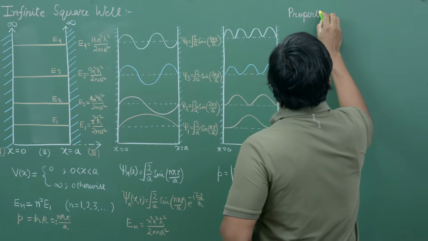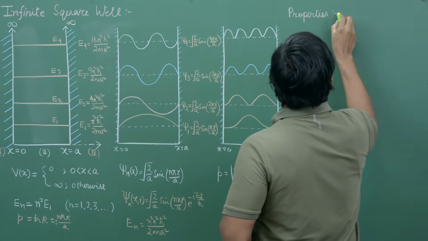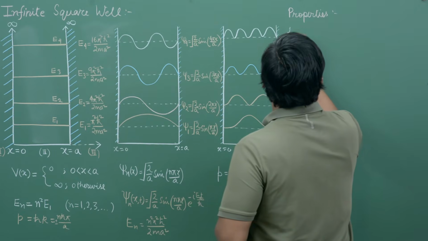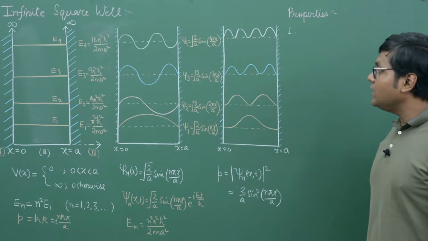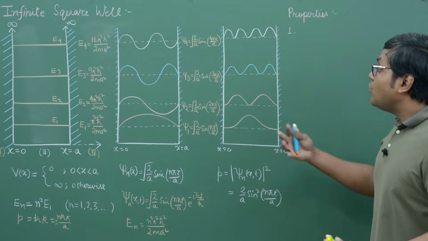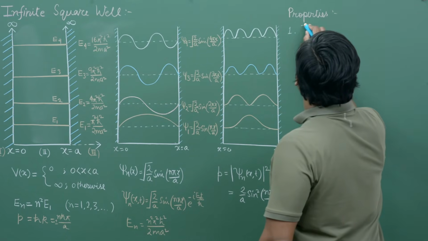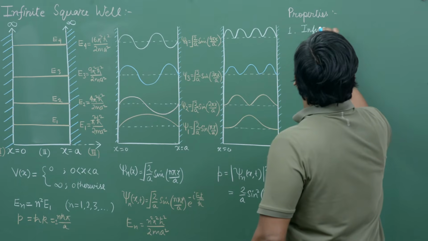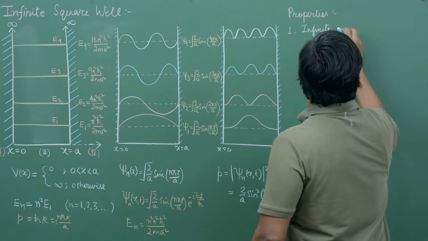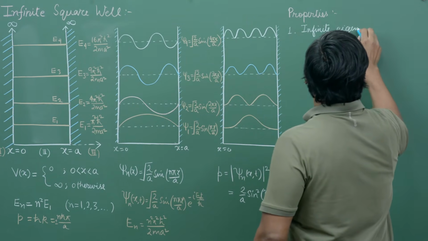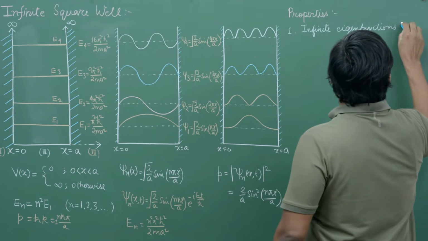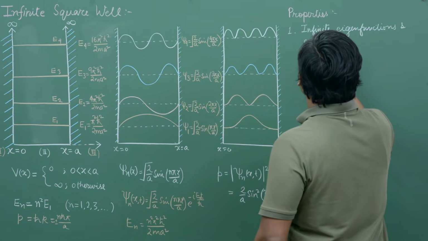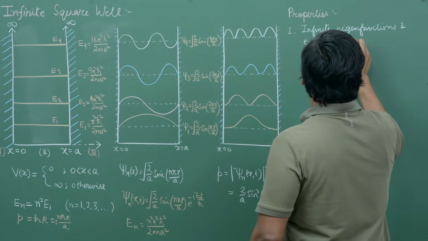First of all, it is clear that we have infinite eigenfunction solutions. n can go from 1 up to infinity, and their corresponding energy levels are also infinite. So we have infinite eigenfunctions and energy levels, discrete energy levels.